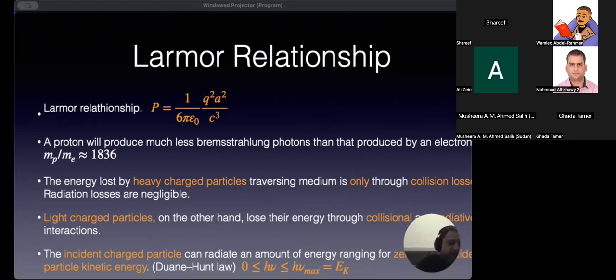This acceleration will depend on the mass of the particle and the atomic number of the target. And we showed that this is going to be proportional to Z. The acceleration squared is proportional to Z, whereas it's inversely proportional to M squared. Okay.